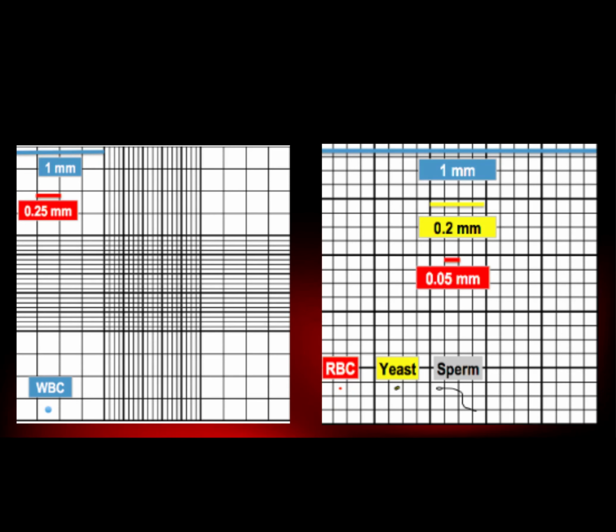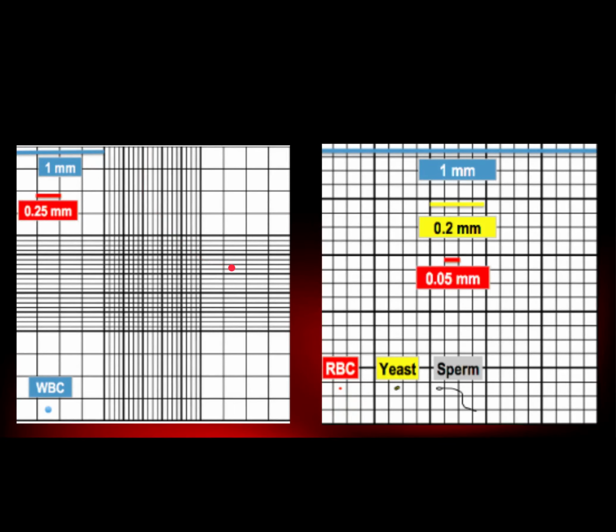The volume is equal to 9 millimeters squared times the depth, 0.1 millimeter. Therefore, we get 0.9 millimeter cubed. I hope that you get that. This volume represents the total space filled by the sample above the grid.